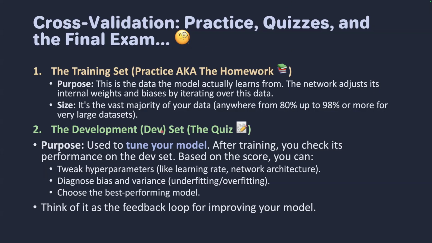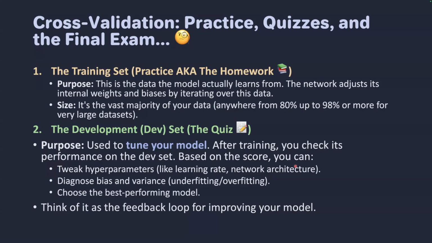And then the development set, or again the validation set or the holdout set, this is where you tune your model. You're trying to tweak hyperparameters, adjust your learning rate, the actual architecture of the model. You're trying to make some choices about whether you're overfitting or underfitting. Am I using the right optimizer?